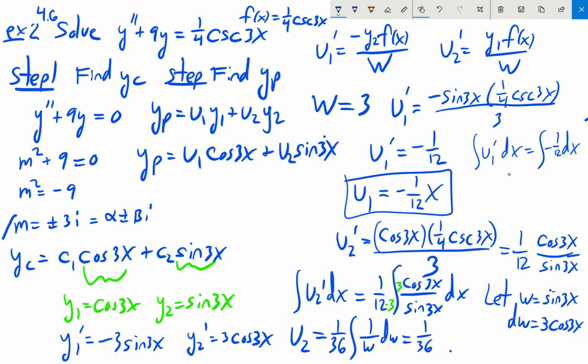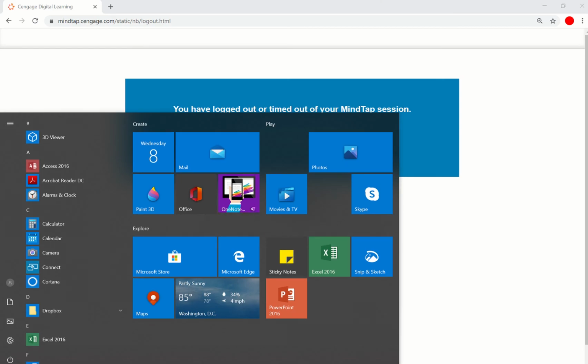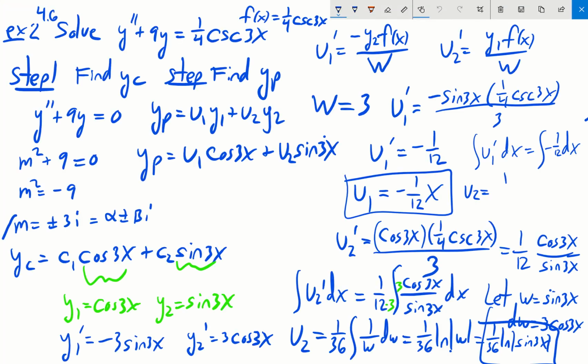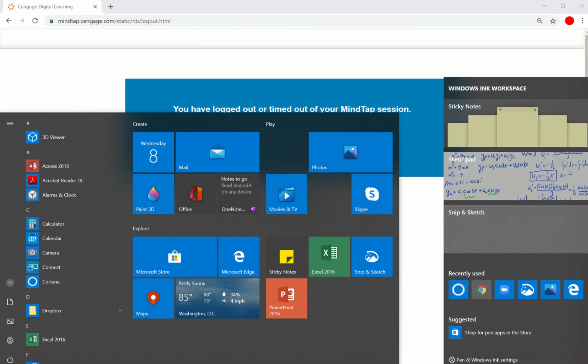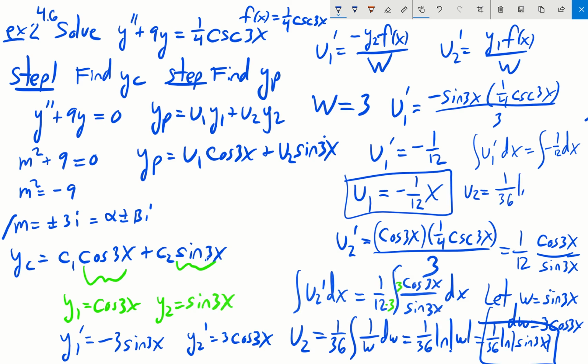That's going to be 1 over 36 times the natural log of the absolute value of w, which is 1 over 36 times the natural log of the absolute value of the sine of 3x. That would be our u2.